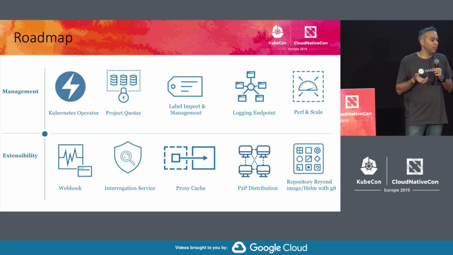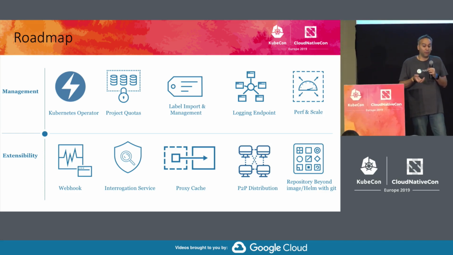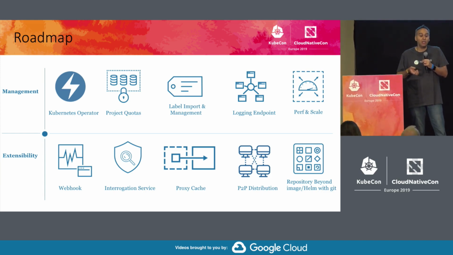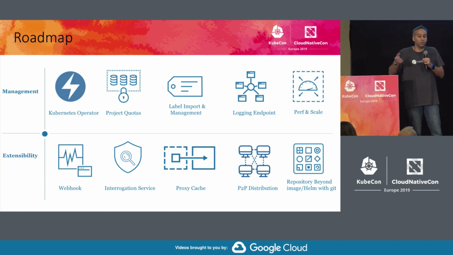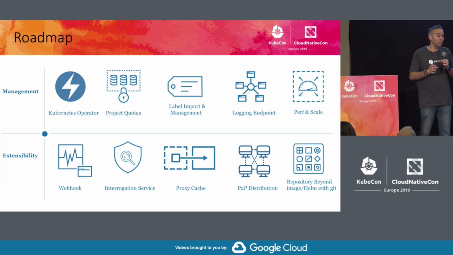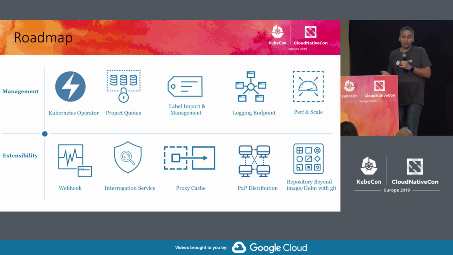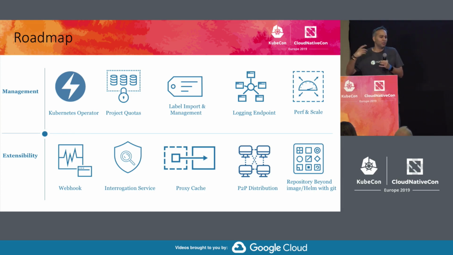Now we're going to be able to import the labels from Docker container images and surface them in Harbor, so you'll have the best of both worlds. You can do label management from the container images, as well as label management from Harbor itself. And those labels apply to things like replication, the views in the UI, and we have some additional features we might enable in the future along the same path.